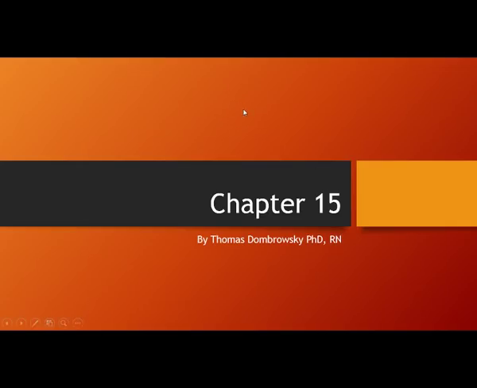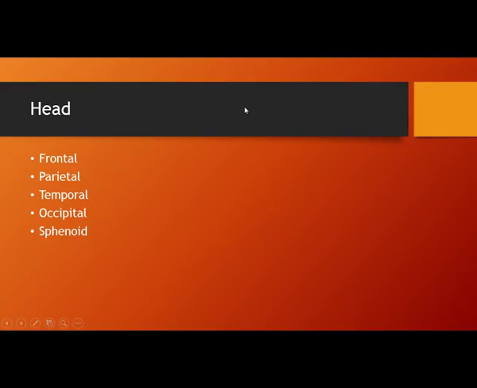Okay, chapter 15 covers the head and neck. You should know where the bones of the head and neck are, mainly because when you localize or describe findings, a lot of times we describe them in terms of those bones.